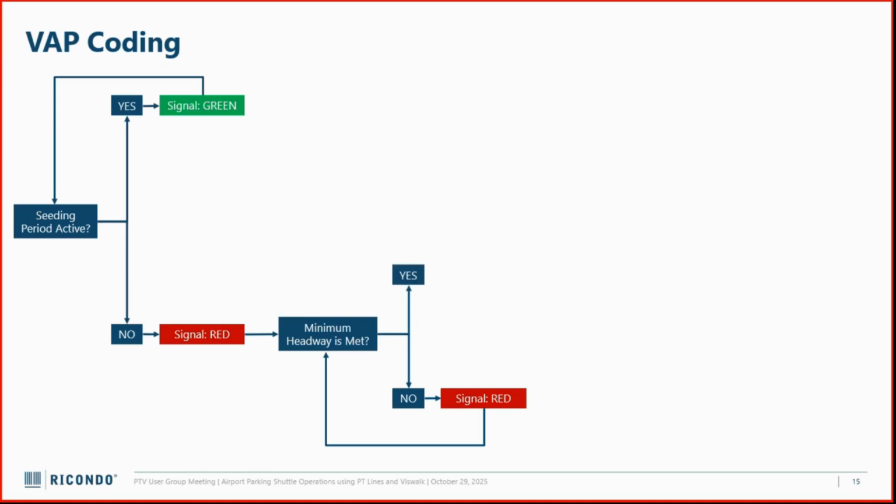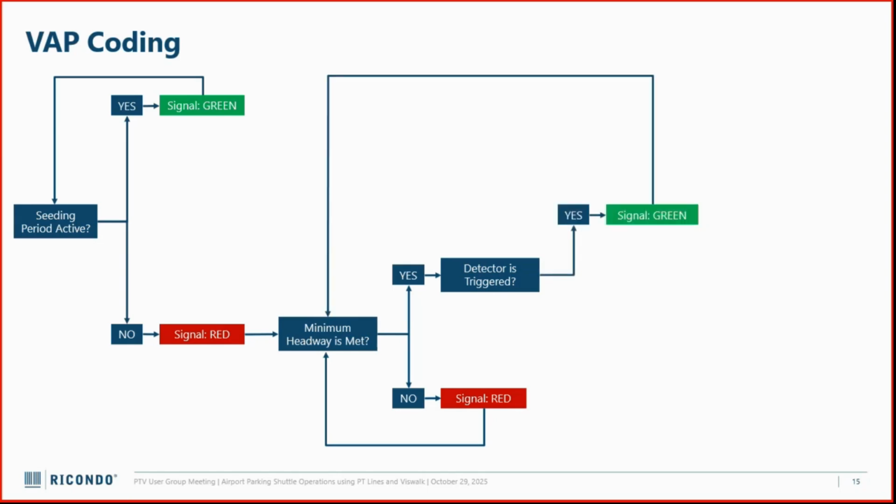And then if the minimum headway is met, then the VAP code determines if the detector is triggered, meaning a shuttle is coming to the conclusion of its loop. If it is, then the signal head will turn green momentarily to allow the next shuttle to take its place and continue on to the next pickup and drop-off location. And if it is not triggered, then we ask if the maximum headway has been exceeded.